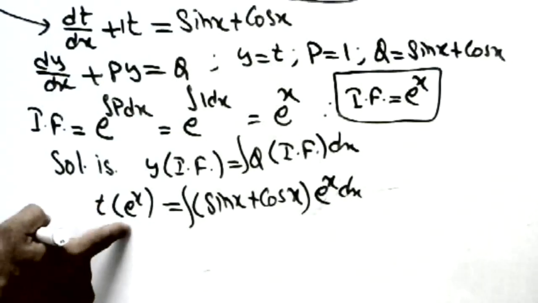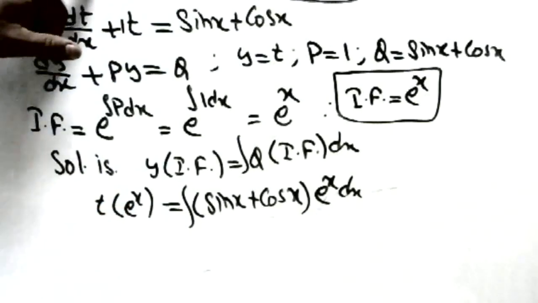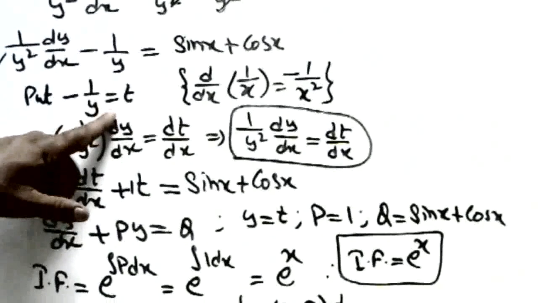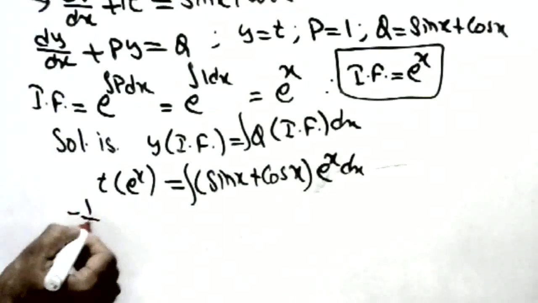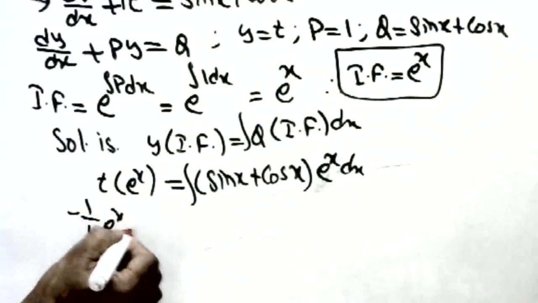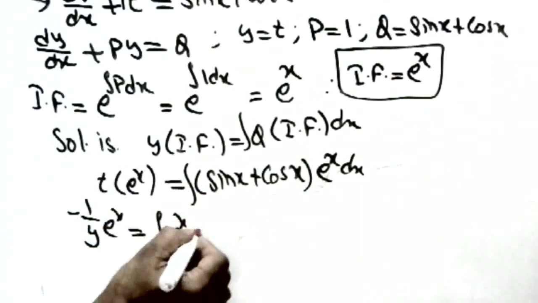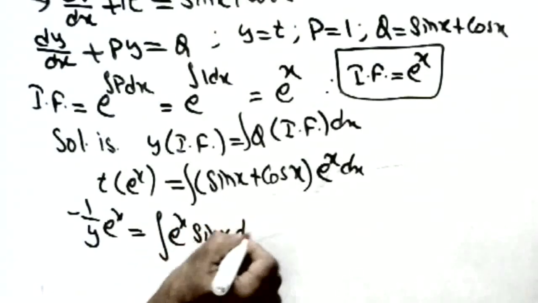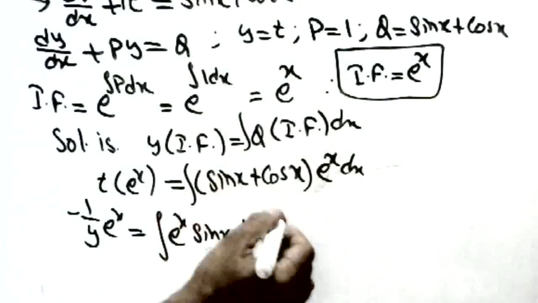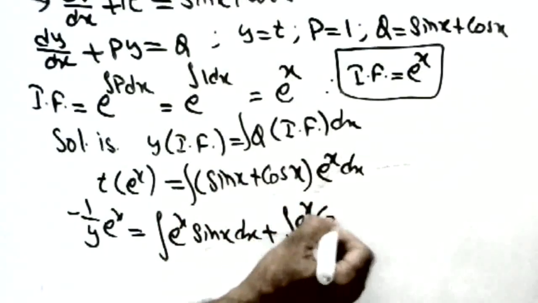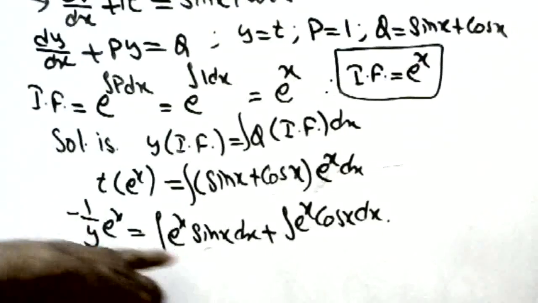In place of t, we can write the value of t, which is minus 1 by y. So the left side is minus 1 by y e power x. Now separate this one, multiply e power x into sin x. It will be integration of e power x sin x dx plus also multiply e power x into cos x dx.